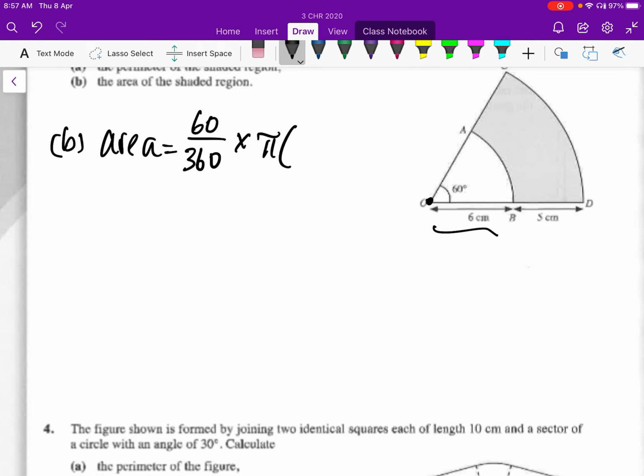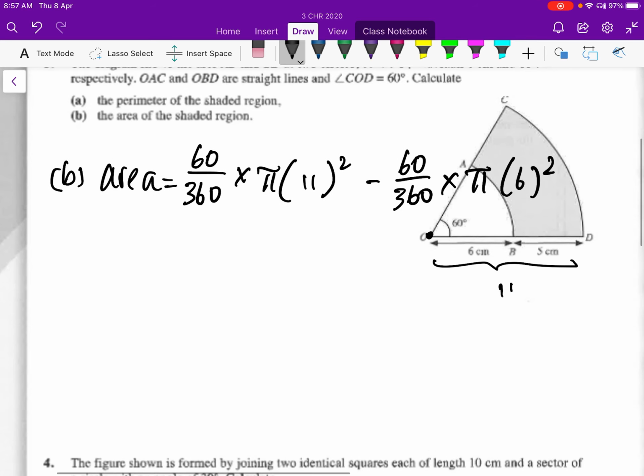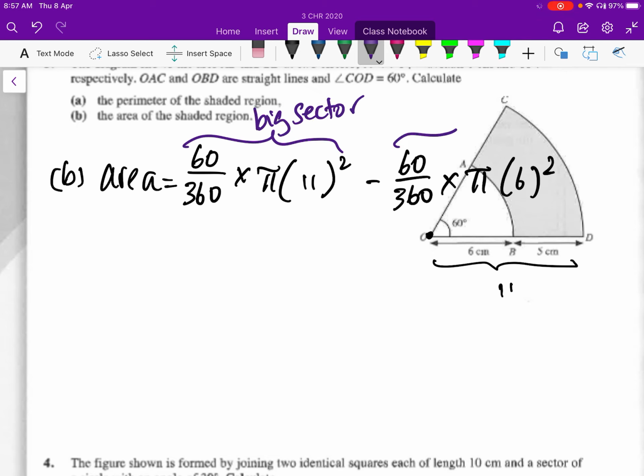The radius is 11. This is the big sector area minus the small sector area. Big sector. Small sector.